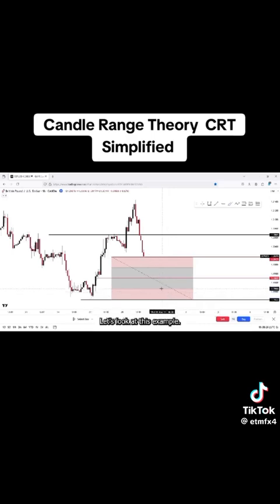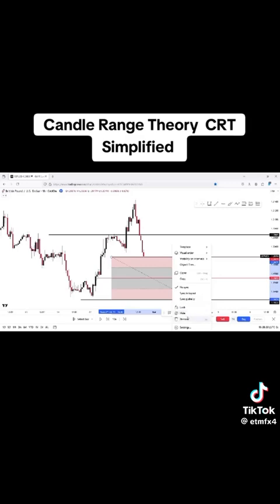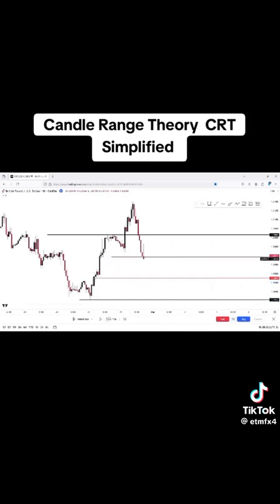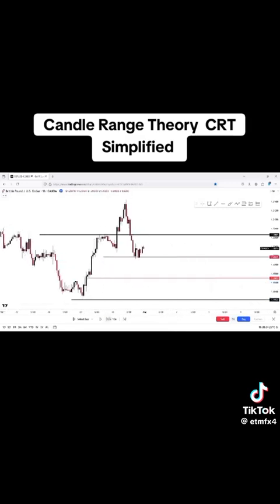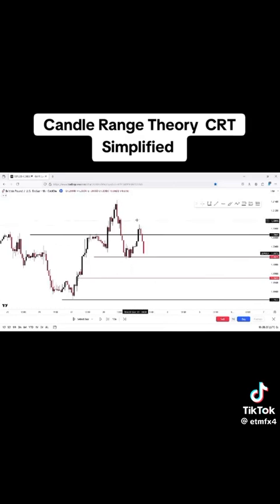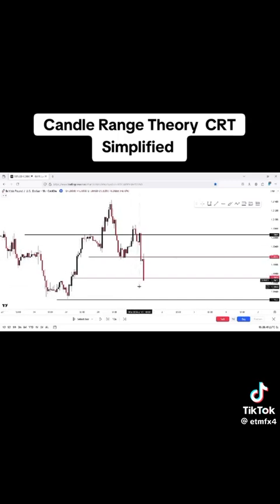And let's look at this example. And this happens pretty frequently. Price grabs internal liquidity. And now it's your target point, and now price reached the 50%.